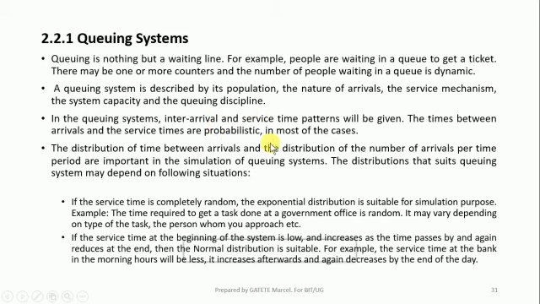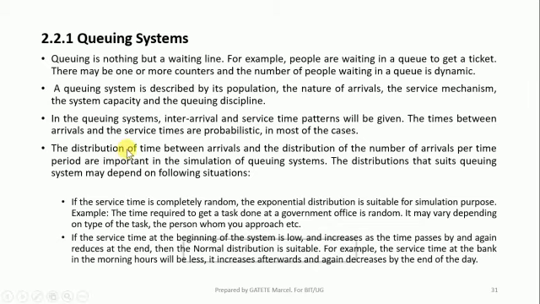So the time between arrivals and the service time are probabilistic. It means that you cannot expect in advance what time will be required for people to arrive and what time a person will spend at the counter. These are approximations, probabilistic.